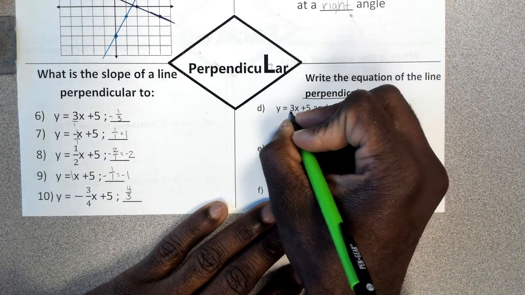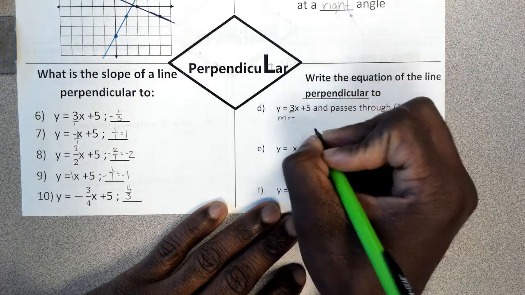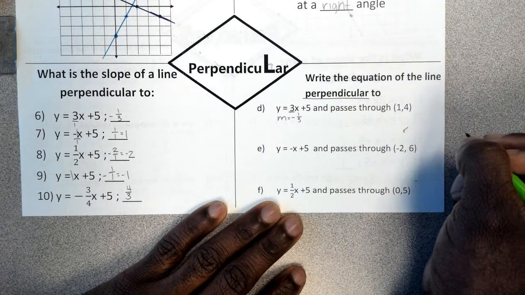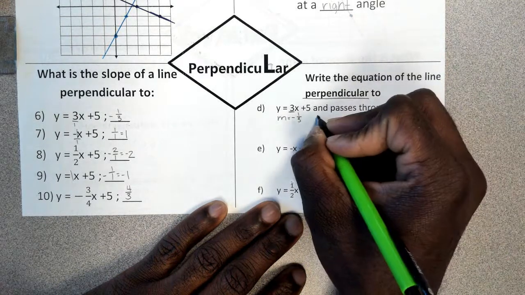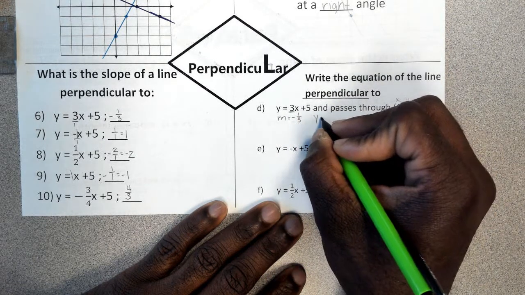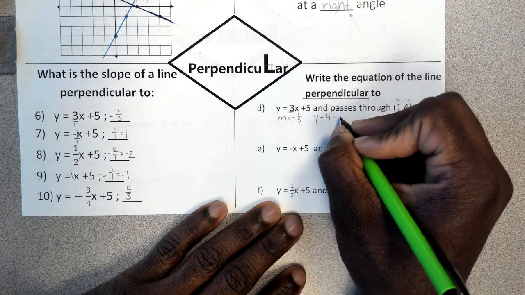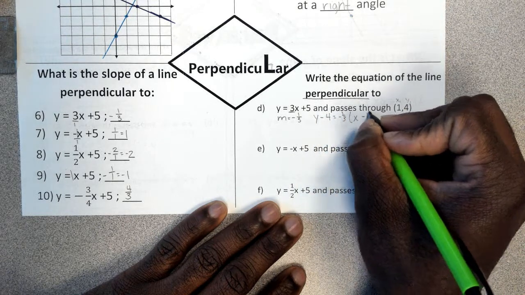So since the slope here is 3, our new slope is going to be negative and the reciprocal of that number. We're given this point, x1, y1, and we plug those in the same way we did in parallel lines. So y minus 4 equals negative 1/3 times x minus 1.